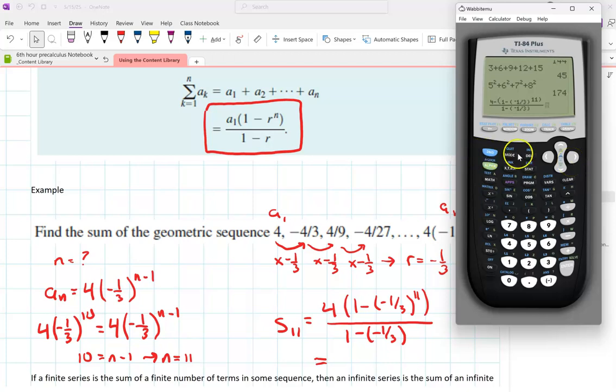Oops, is that a subtraction symbol over that? It's supposed to be multiplication. I just must have missed it. Okay, that looks right. If I hit enter, I get 3.000016935.